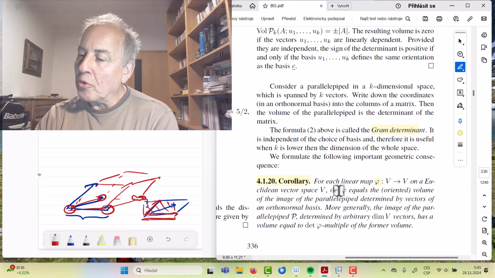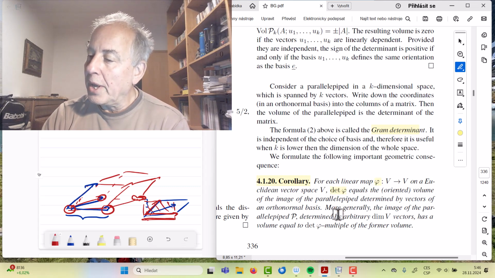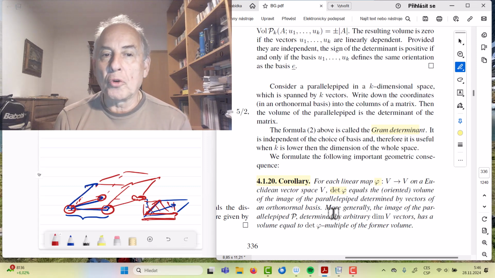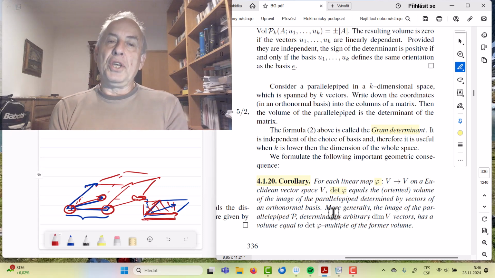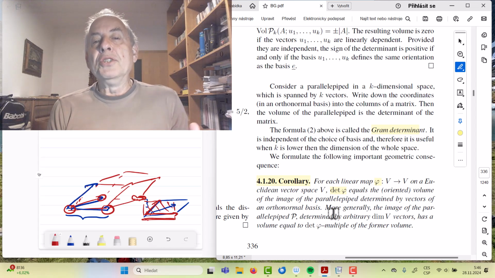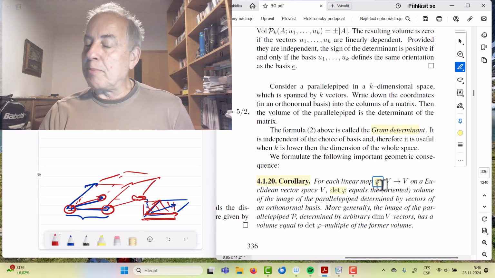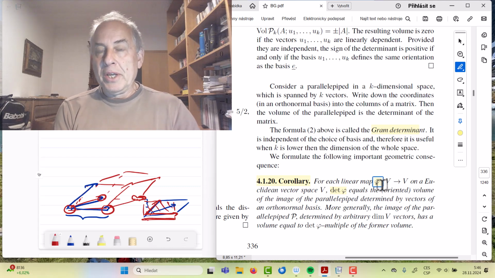So for every linear map we have got the determinant of the map, and the determinant of the map, in view of what we have proved already, is exactly telling what is the ratio by which the mapping is increasing or decreasing the volumes. Right, so of course, if it's an n-dimensional space, it will be the n-dimensional volumes I'm talking about now.